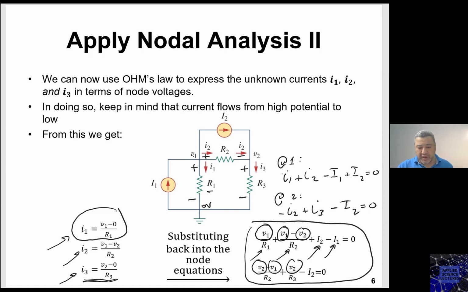Once we agree upon the procedure we used to derive those two nodal equations, then writing the nodal equations later on by inspection would be extremely simple. Any questions so far?